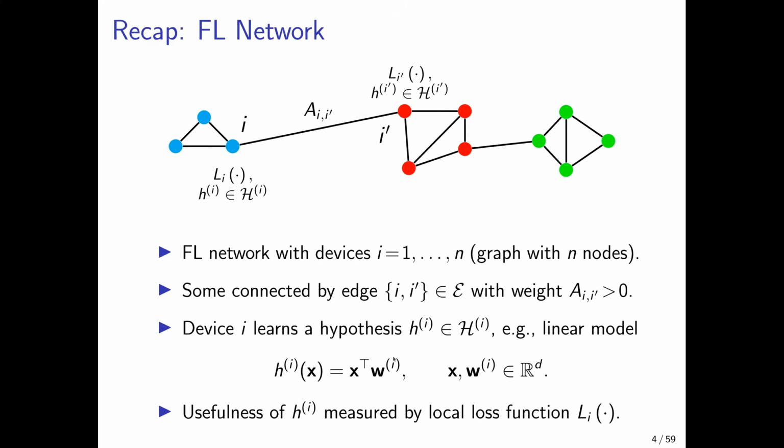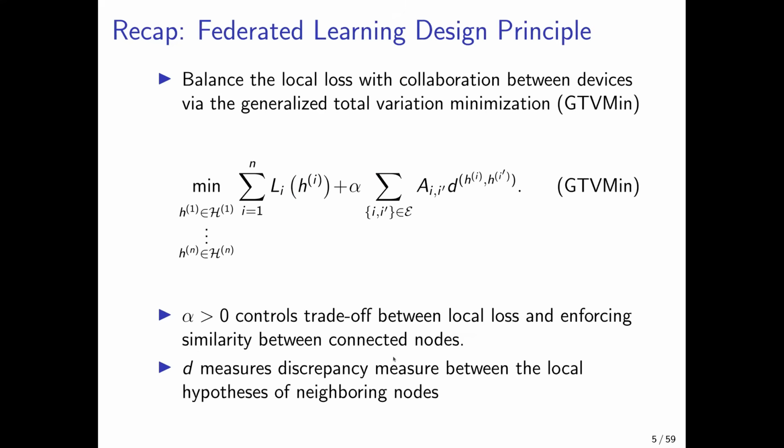Now, the idea of federated learning is not only to solve these local machine learning problems in an isolated fashion, but to make use of collaboration between the different devices. And this we are modeling using this GTVMin approach.